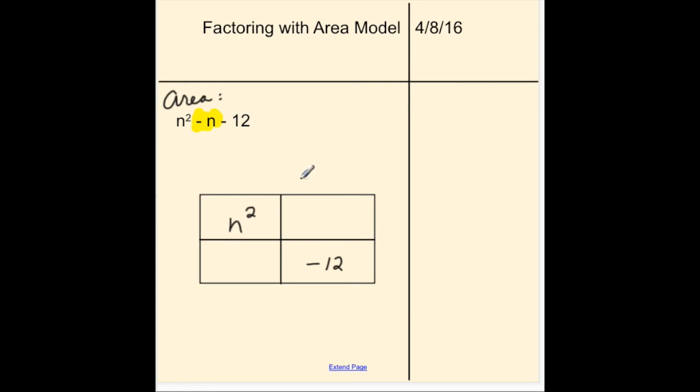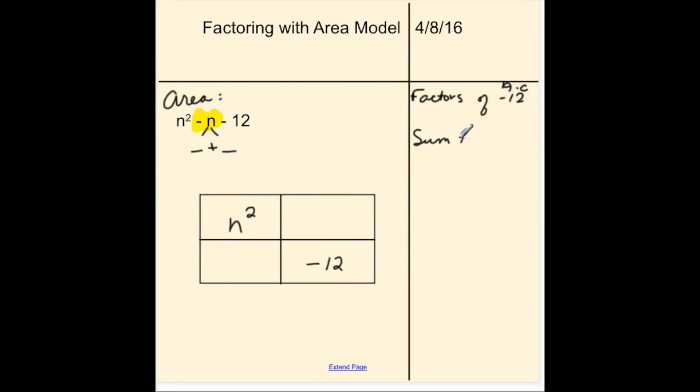So when I'm trying to find these lengths, I need to undo this addition that gave me this central b term. I need to find out what are the 2 things that were added together to give me this b. In other words, whatever these 2 numbers were that were added together also multiplied together to give me negative 12. So I need to find those factors of negative 12, which is that a times c that we talked about in class.